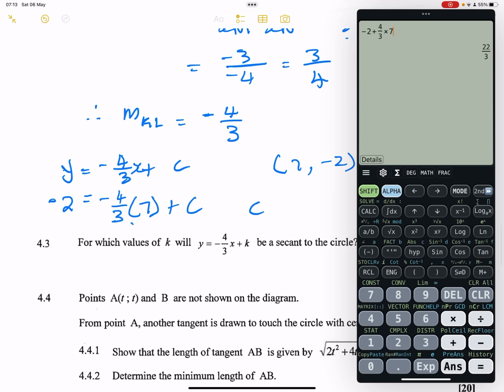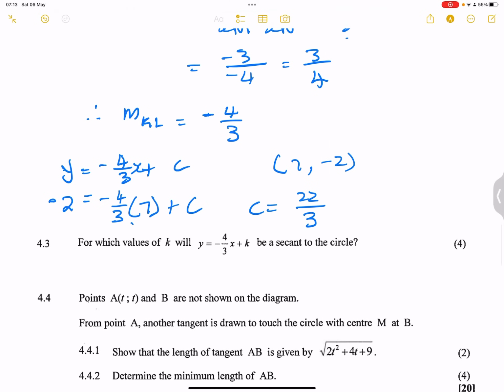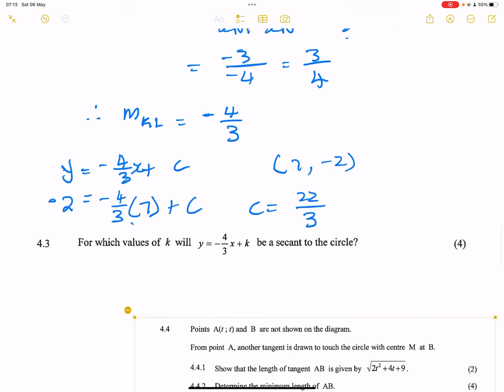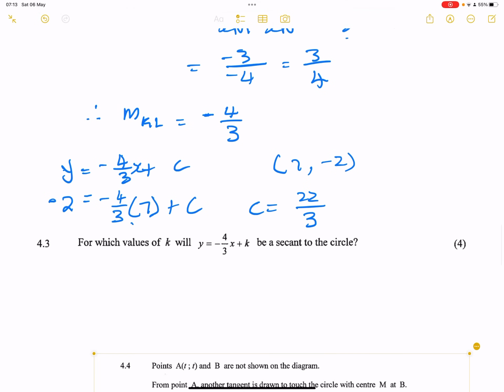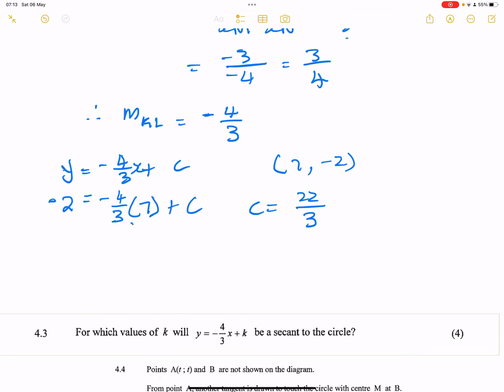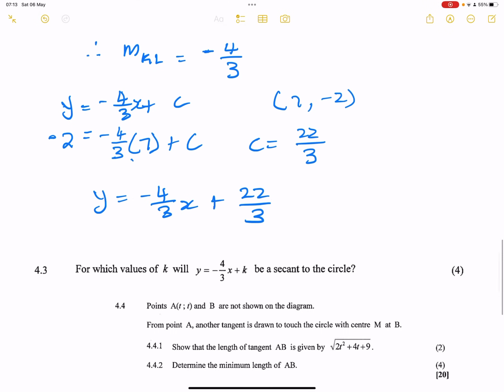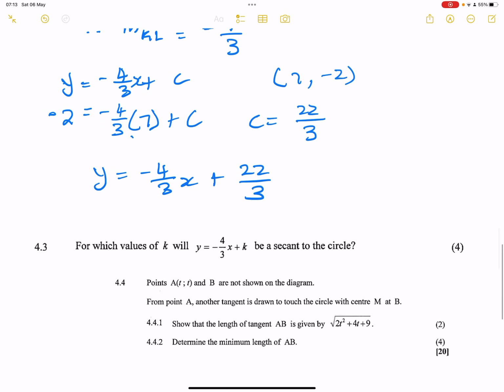So our c value is 22 over 3. Okay, let me just make some space there, ladies and gents. So in this case, I've got y = −4/3 x + 22/3. All right, so that is how the cookie crumbles.